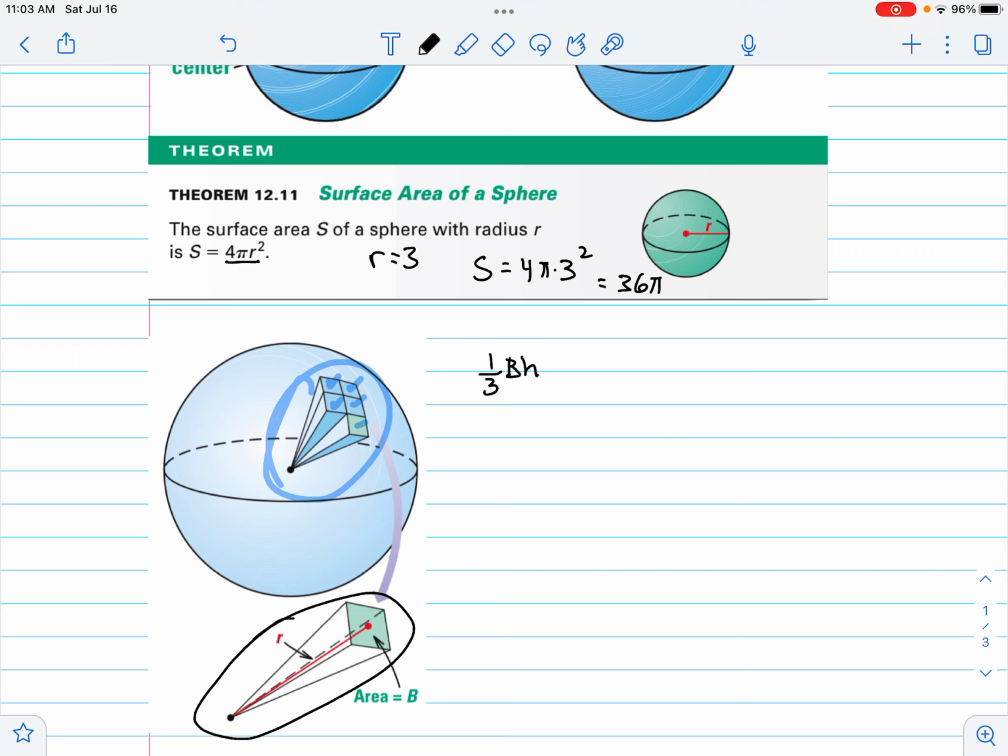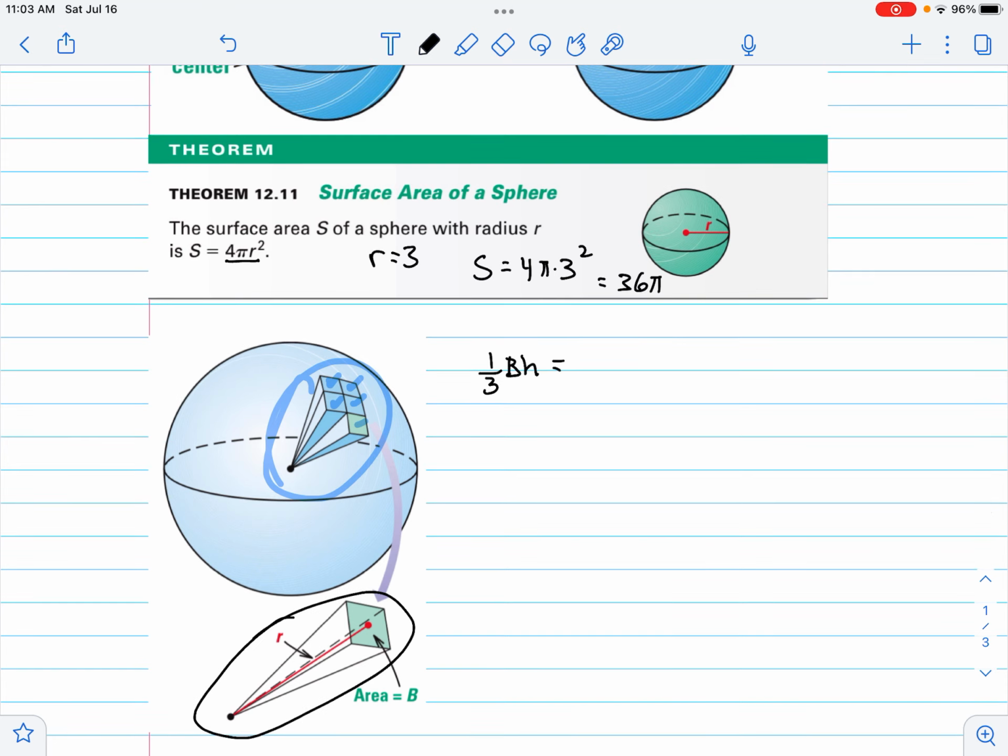That's the volume of the pyramid. And of course, in this case, the height would be the radius. So we've got 1/3 the base times the radius. That's the volume of one of them, but we've got n of them.